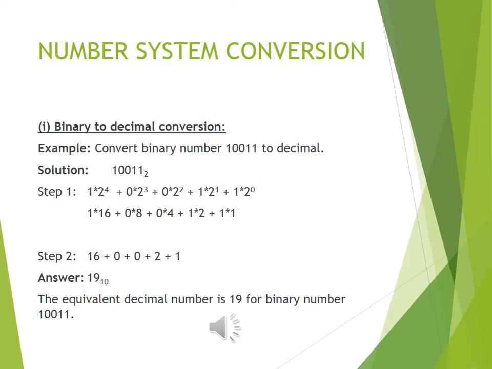We are converting 10011 into decimal by multiplying each digit by 2 and applying power from 0, which is starting from the right side and is raised towards the left, and we got the answer 19 with base 10 because 10 is the base of the decimal number system. The equivalent decimal number is 19 for binary number 10011.